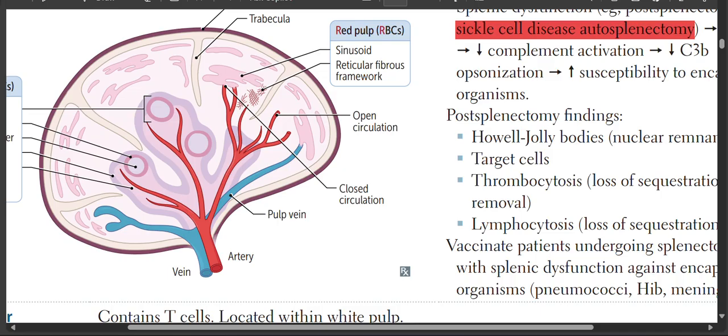Because the spleen is so vascular, it holds a lot of blood cells. It holds a lot of platelets, a lot of lymphocytes, and a lot of blood in general. Now, if you don't have a spleen, all of these extra cells don't have a place to go, and that's why they end up in the blood. That is why you have an increase in platelets and also an increase in lymphocytes.